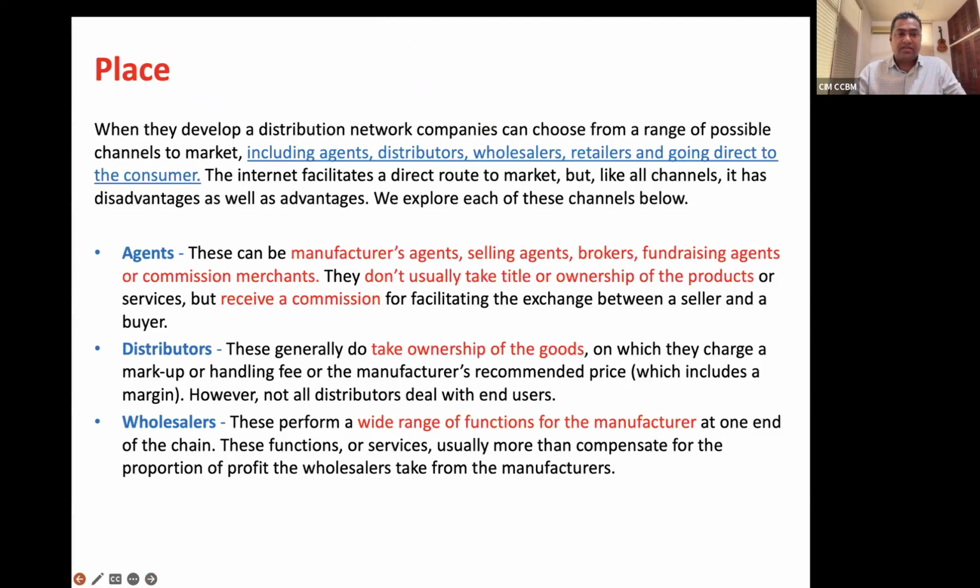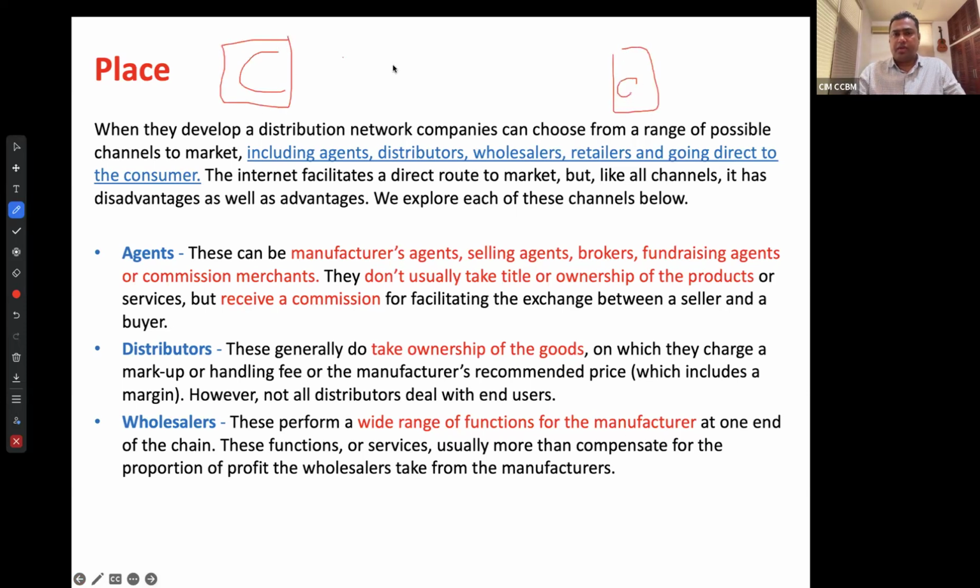You don't need to study the nuances of this, but understand that there are many types: agents, distributors, wholesalers, retailers, then direct to consumer. The company can go through agents, wholesalers, distributors, and then distributors sell it to retailers and retailers sell it to customers.